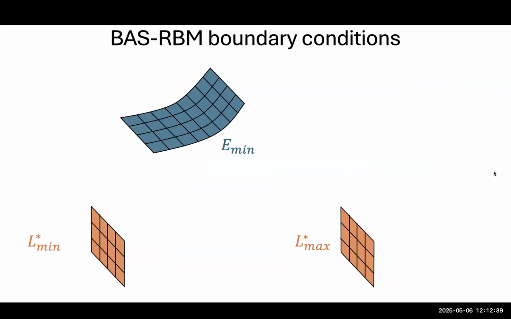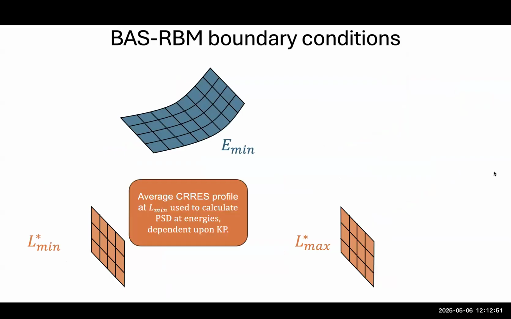And for the case of BAS RBM, at least in the experiments that I'll be showing, we specify these by, firstly for the lower L star, so the inner boundary radially, we use a Ceres profile averaged at the lower L star, and then dependent upon what the KP is, we use that to calculate the phase space density at the lower L star at the energies required.